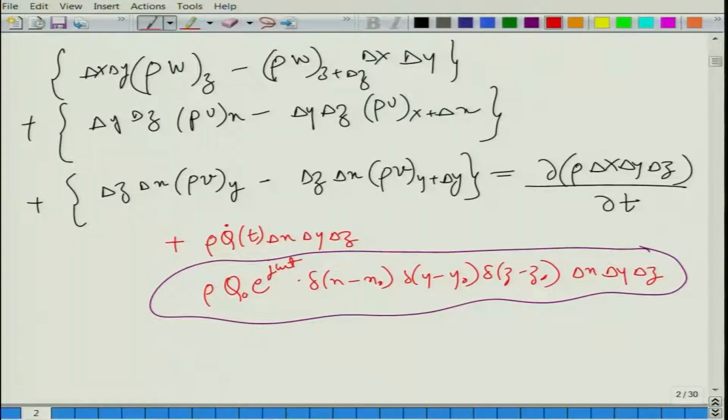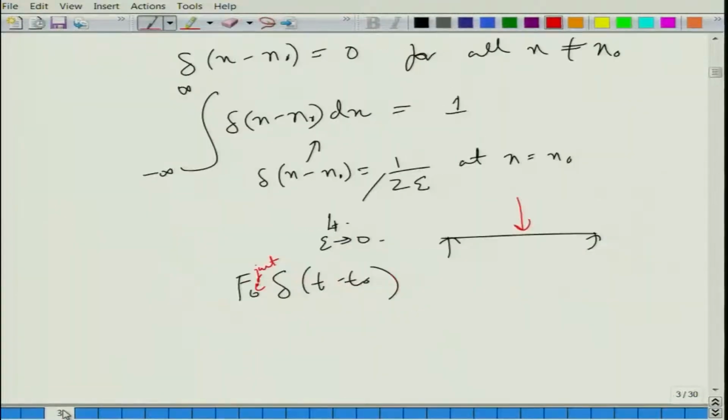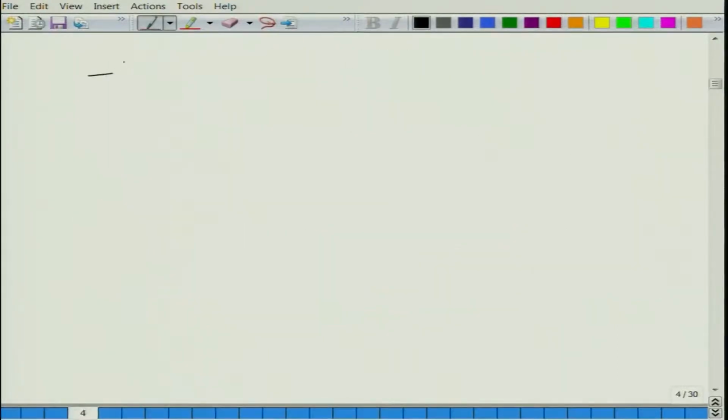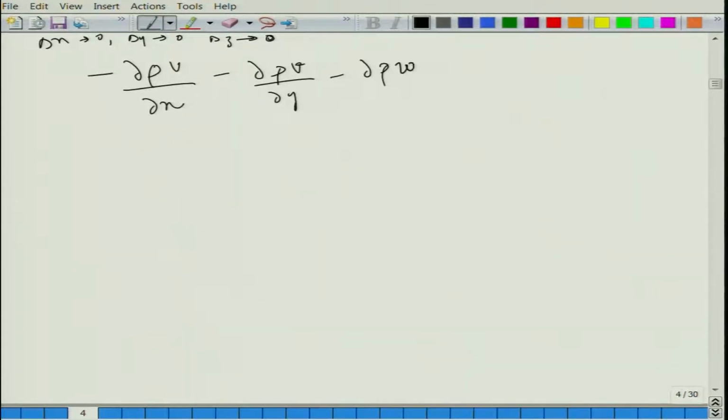It is rather simple maths to see that in this limit, this is equal to this thing plus rho q delta t.